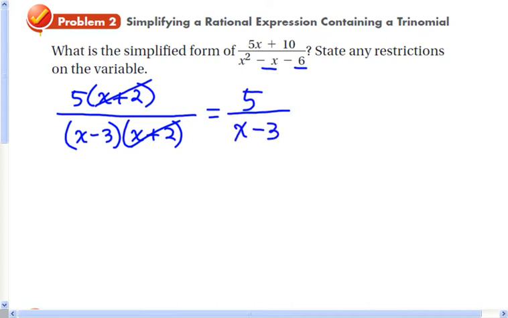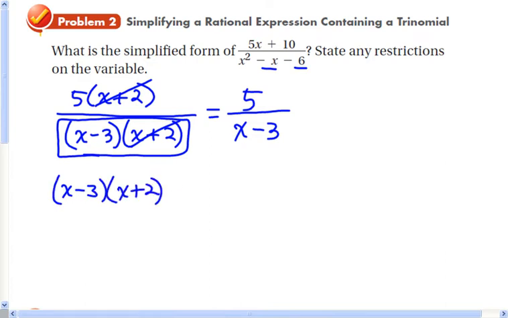And our excluded values are, our denominator, remember, can't equal 0. And what would make that equal to 0, and we're using the zero product property here. If x is equal to 3, and when x is equal to 2, that would equal 0.